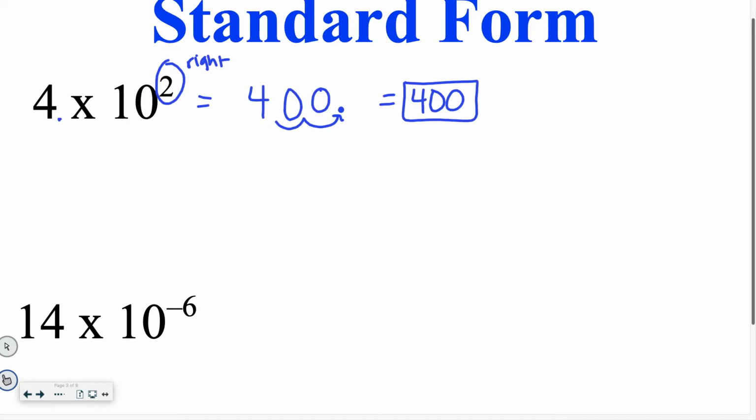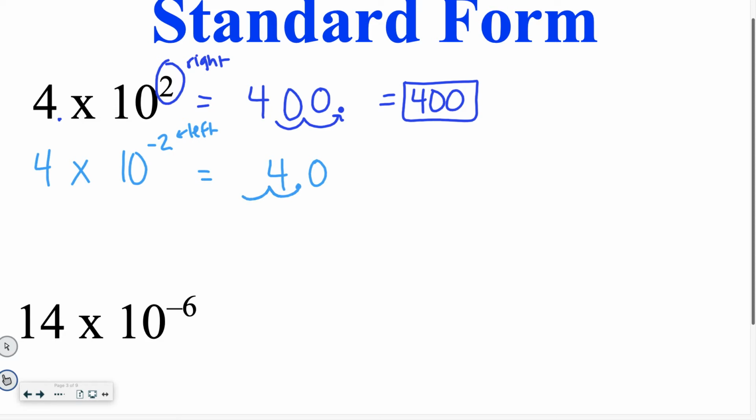Okay, and before we move on to that second problem, let's pretend we have 4 times 10 to the negative second power. What happens then? When it's a negative exponent, you move to the left. So it works the same way. You say 4, okay, there's my decimal point, but now instead of moving 2 to the right, I am going to move 2 to the left.